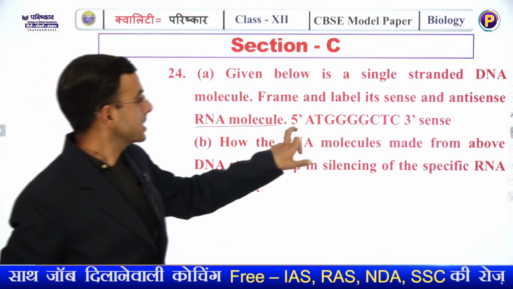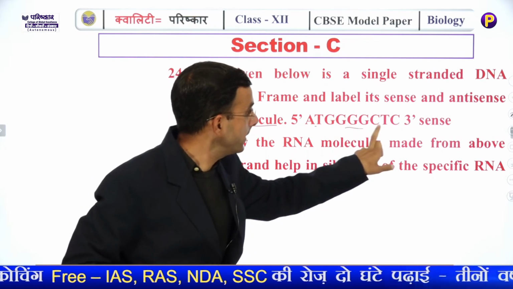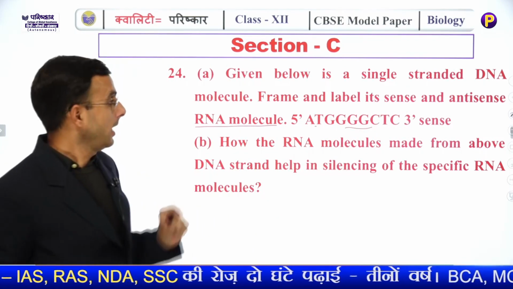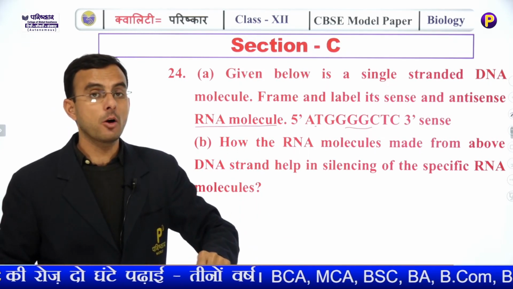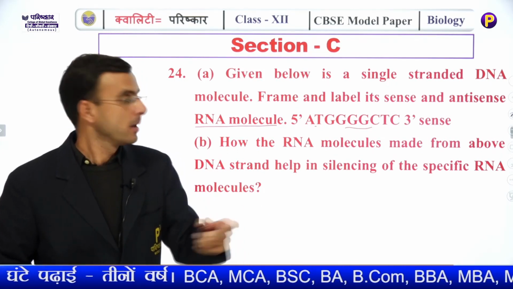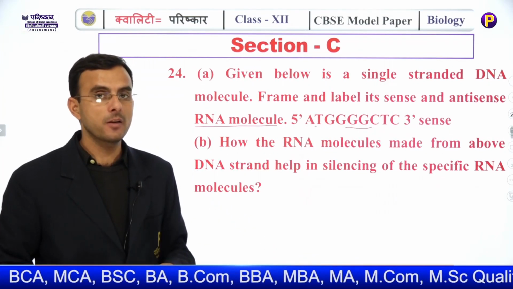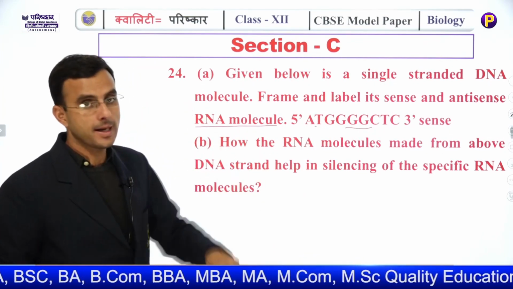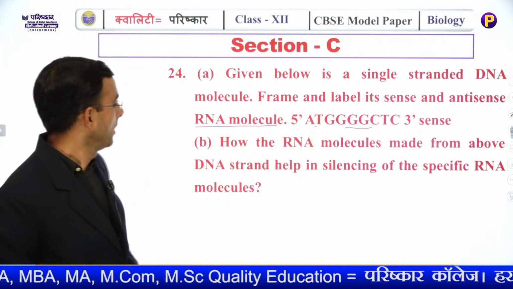It is giving the sequence of a DNA strand, and it is asking about the sense or antisense strand of RNA, not the DNA, because the antisense strand in DNA is different from the sense and antisense strand in RNA. Okay.